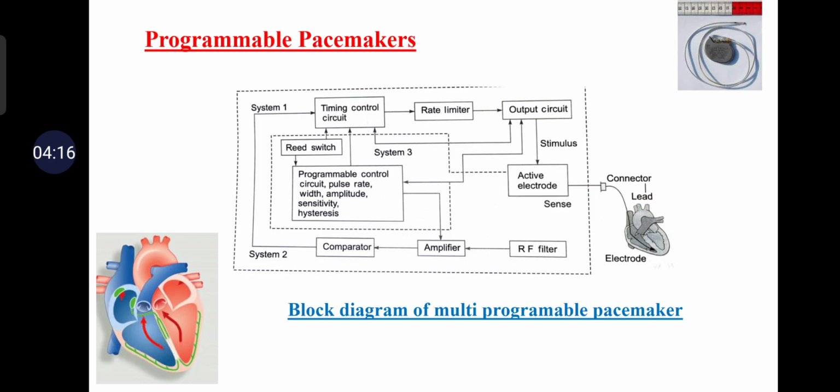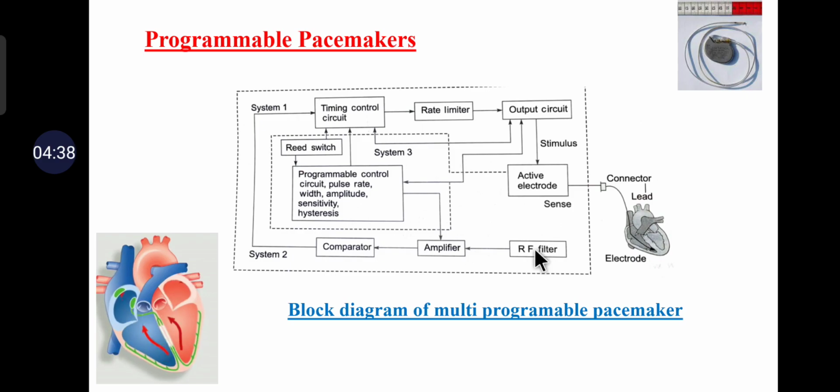Upon receipt of the inhibit signals from system 2, the timing control compares the time of arrival against the programmed refractory period. So the signals arriving within the refractory period are ignored. Once again, the signal is detected and the high frequency components are filtered by the RF filter.